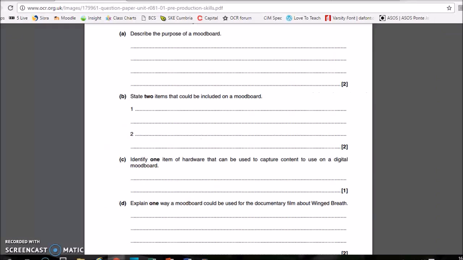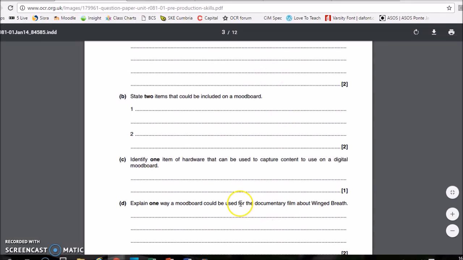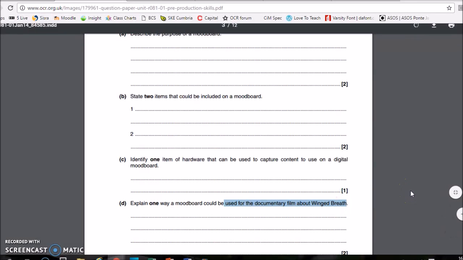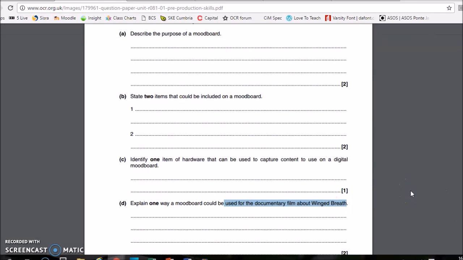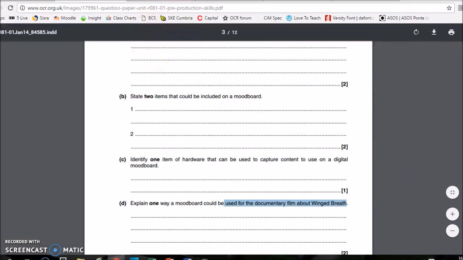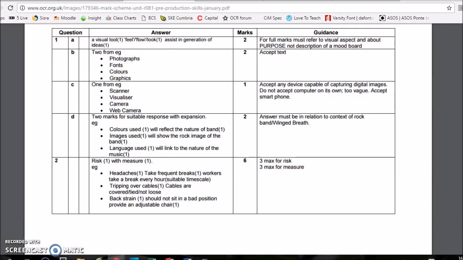And then D is explain 1 way a mood board could be used for the documentary film about Winged Breath. The important bit here is this. This is a vocational paper, so this is asking in context. Explain 1 way the mood board could be used for the documentary film about Winged Breath. The mark scheme makes the following suggestions.